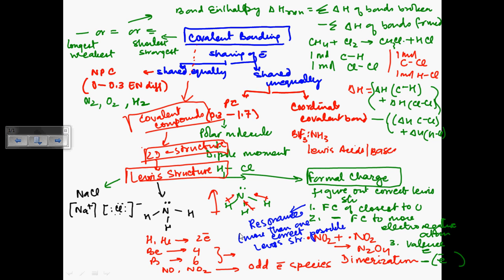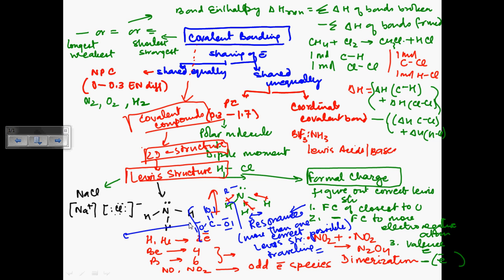For example, a telltale sign is when there is a traveling double bond. For example, in carbonate, this double bond can be present on either of the three carbon-oxygen bonds, and because they all will have the same formal charge, we call it resonance structure.